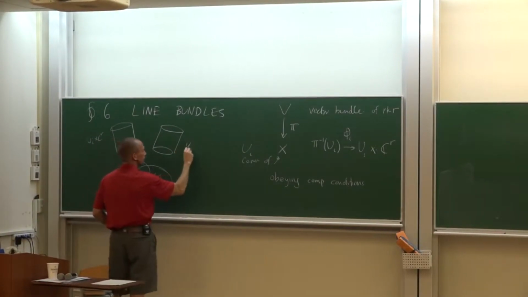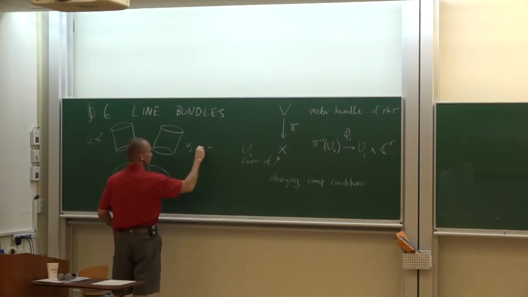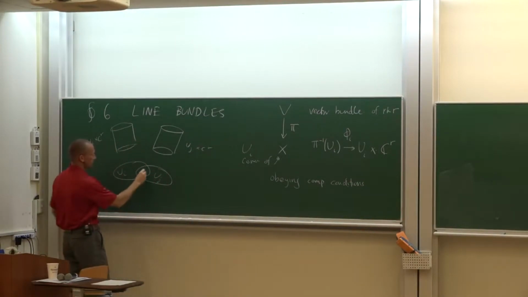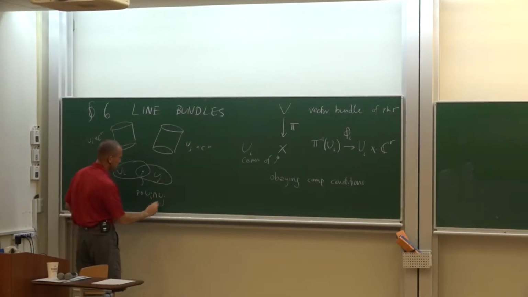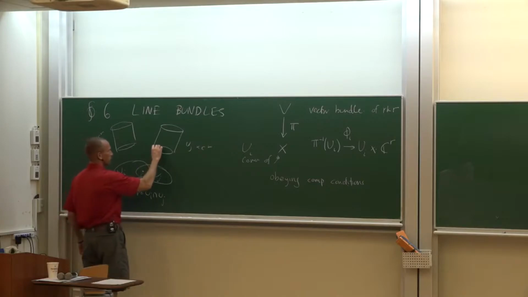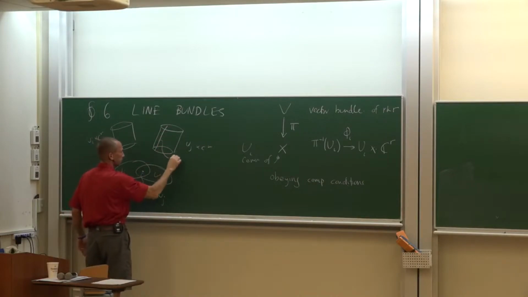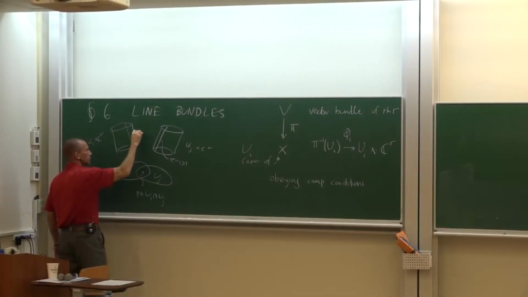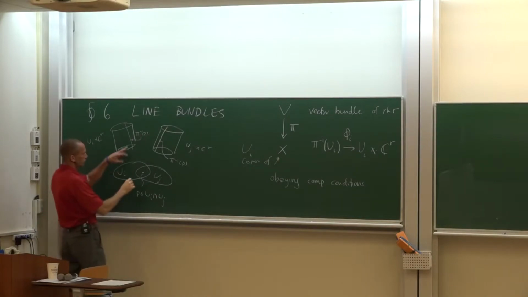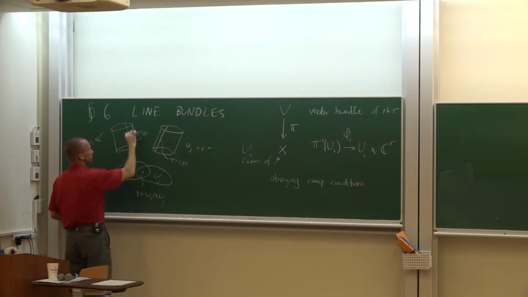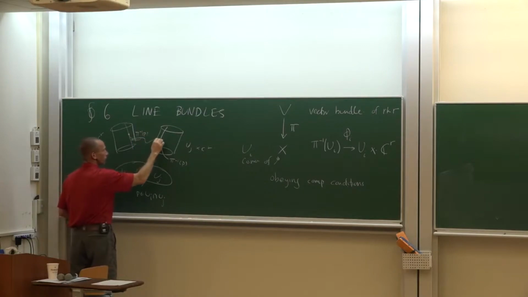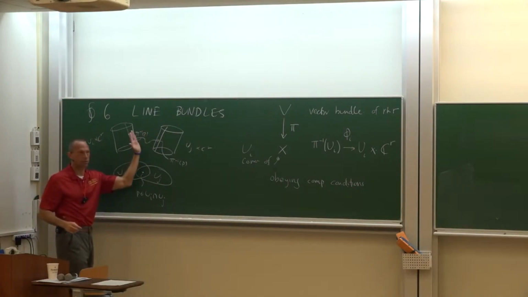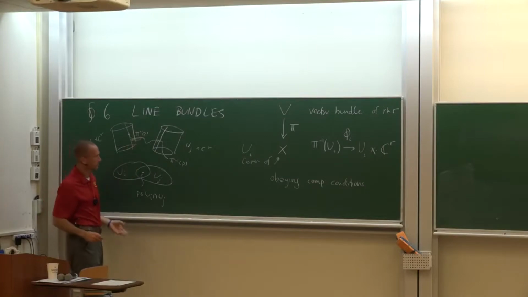This is U_j cross C^r. And if I'm in the intersection here, so here's some point p in U_i intersect U_j, on the one hand there's a fiber over p, so here's pi inverse of p sitting in this chart. On the other hand, I have a pi inverse of p sitting inside this chart. And if I picked some point in the fiber here, I would like to know how do I move over to here? So how do I translate between the fibers? Everybody's with me on this, right? So this is the idea.